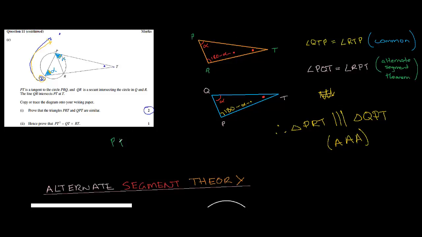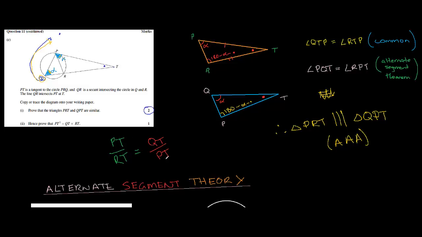So if we say PT, which is this side, over RT, that has to be in the same ratio, just because these triangles are similar, as QT over PT. So this side over this one has to be the same as this side over this one.